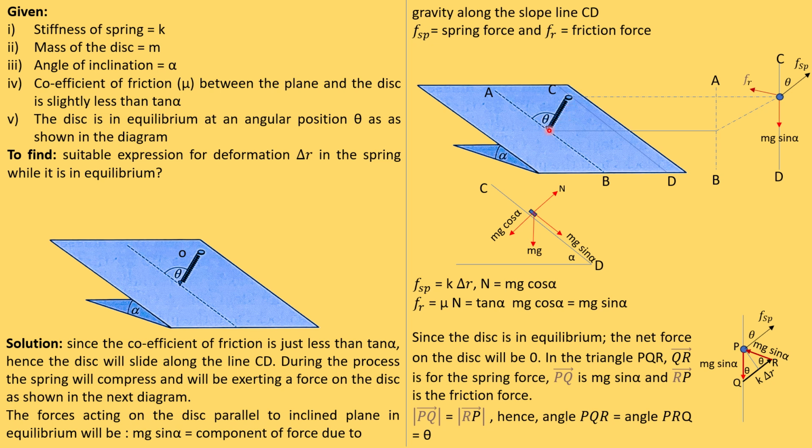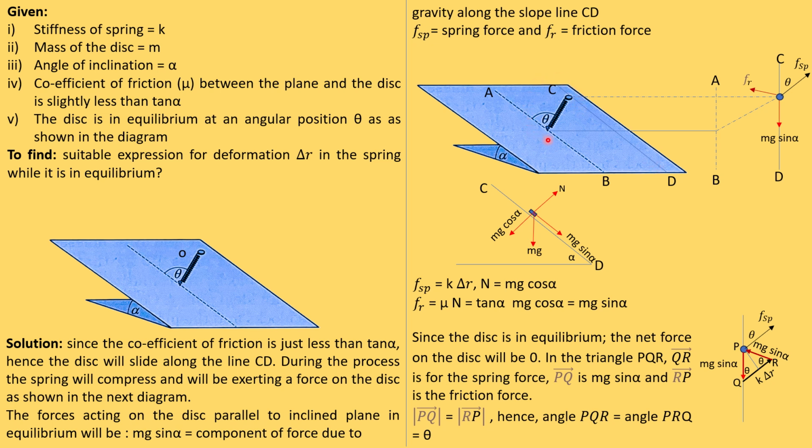If there was no spring, then the component of gravity along CD, the line of greatest slope, mg sin alpha, will be greater than the friction force which opposes its motion. So definitely it will slide down.